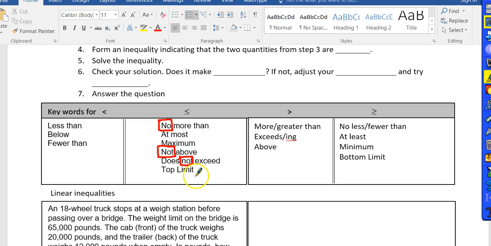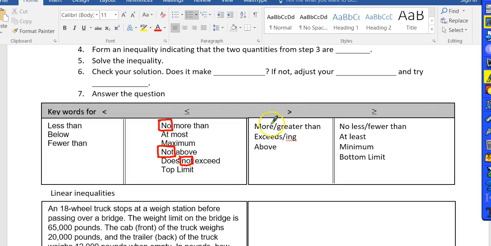There it is again. The opposite of exceeding. Whatever that word is. I looked up antonyms. I couldn't find a single word. And then top limit. If it's the top, then everything else is below or less than.